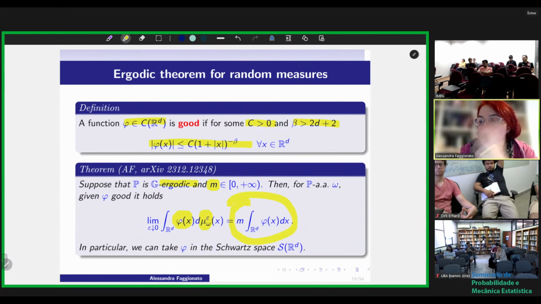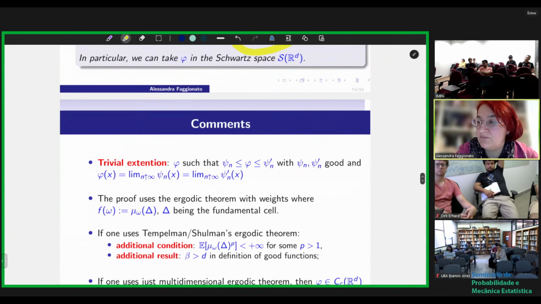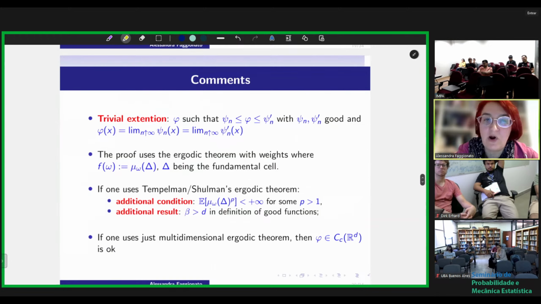So in particular, this theorem also covers, for example, a phi in the Schwarz space. Okay, let me give some comments. For simplicity, I've stated the theorem in this form, but it covers more general cases.